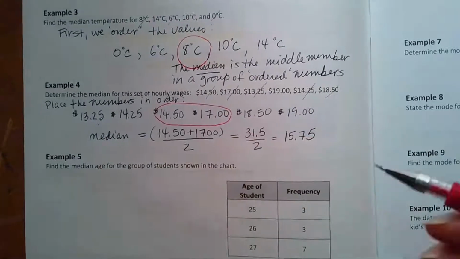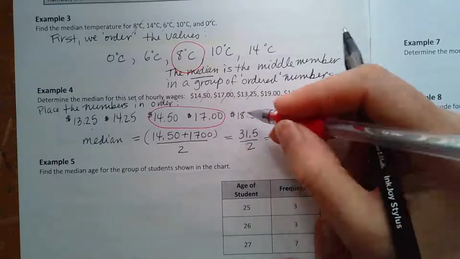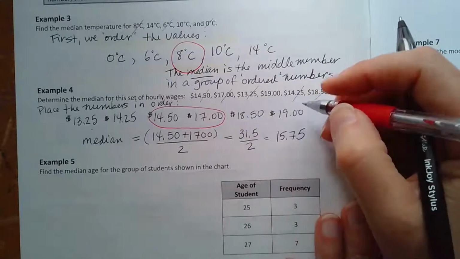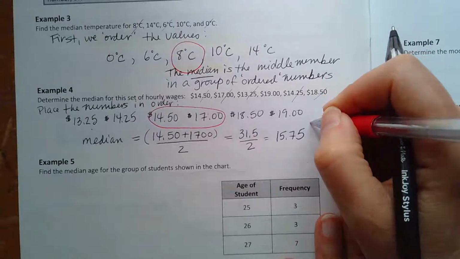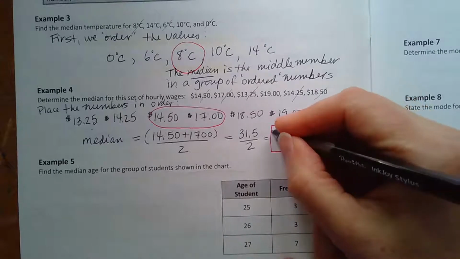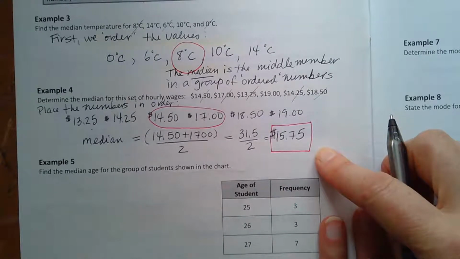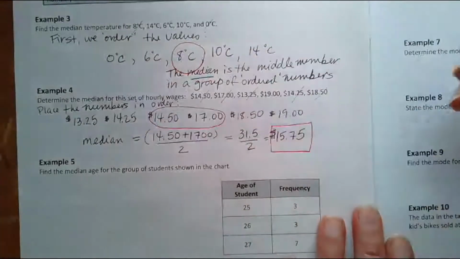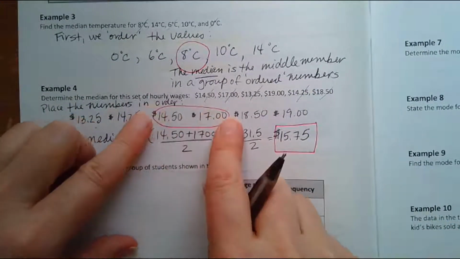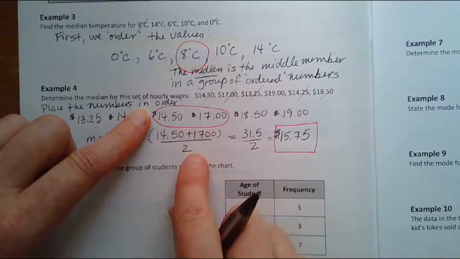So when we have an even set of numbers, like numbers that pair off, we end up doing a median and a mean kind of in the same question, right? So this is the median value, 15.75. So we started out by ordering, we paired them up, we found out there was no middle value. So I take the last two numbers that pair up in the middle, add them up and divide by 2.